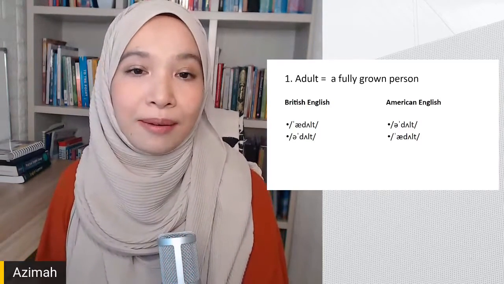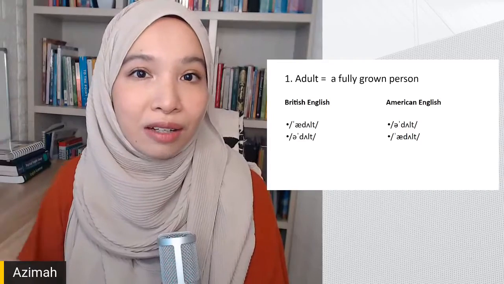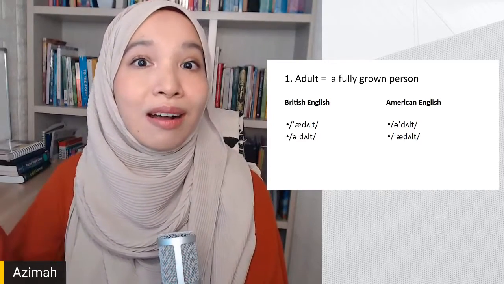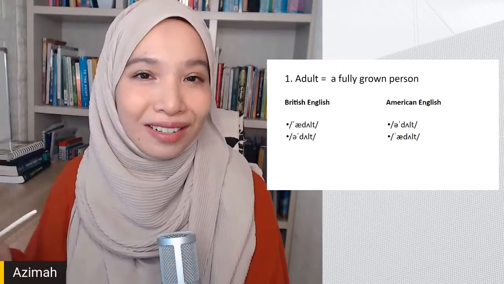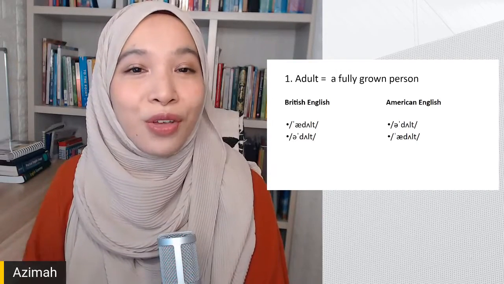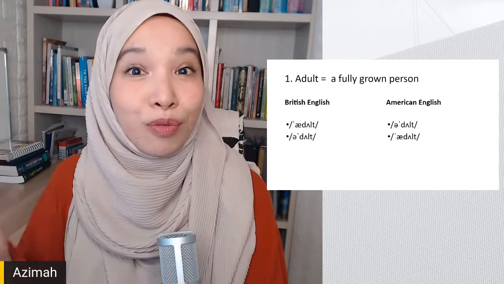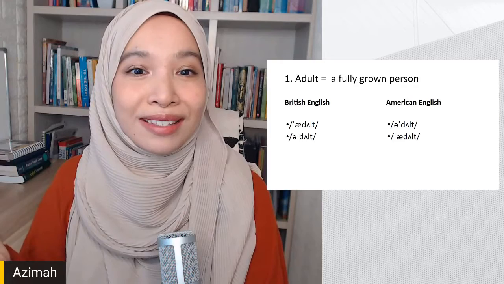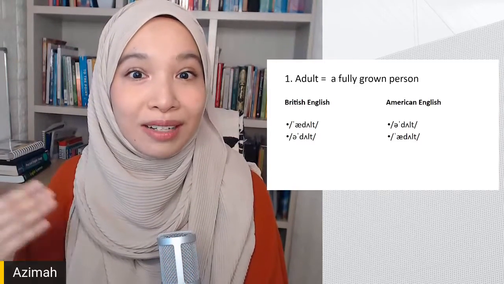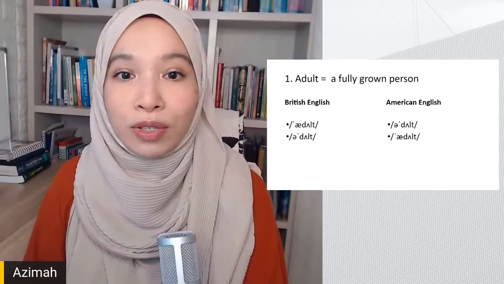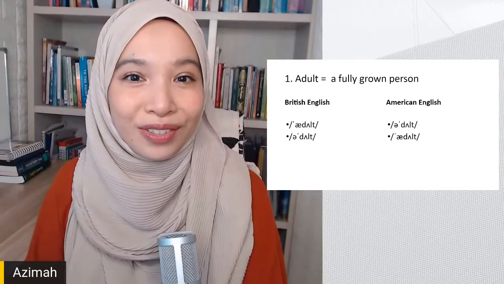So let's compare that again. We have adult and adult, right? Adult, adult. Though you may hear the British pronounce it as adult as well. And American English, they might also say adult as well.